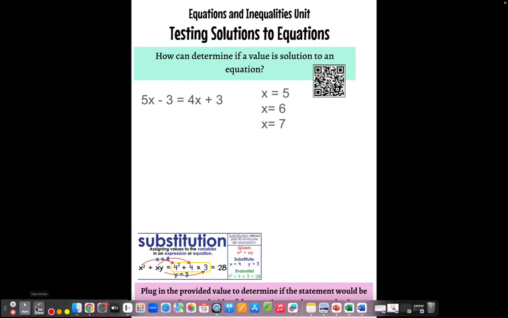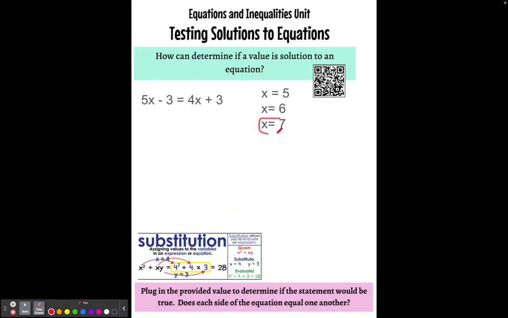All right. And last one, x equals 7. So 5 times 7 minus 3 equals 4 times 7 plus 3, right? So I know 5 times 7 will get me 35, right? Minus 3.